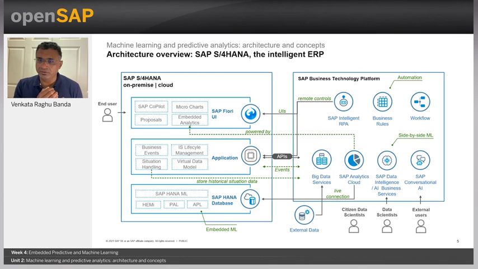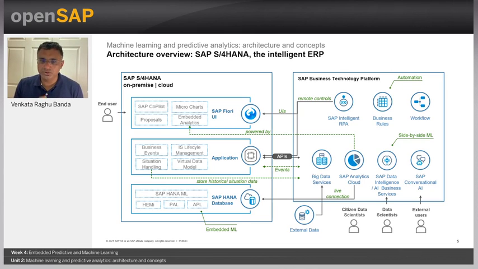You have your external data sets coming in with the big data services. You can leverage that. You can build your machine learning service using SAP DI, the Data Intelligence, or AI Business Services. And this can be built as an S4 app, a third-party app, or it can be powered by using the SAP Fiori UI on the left-hand side.